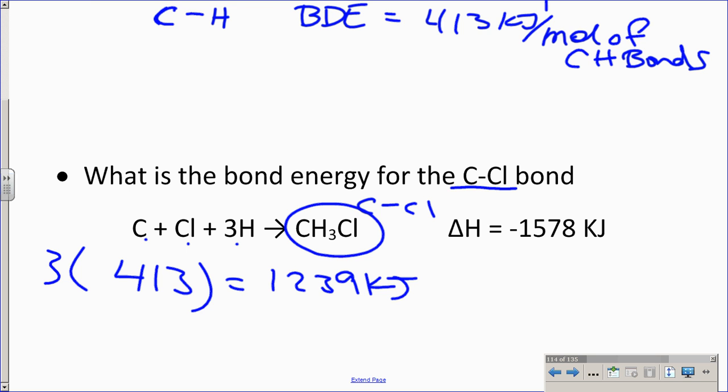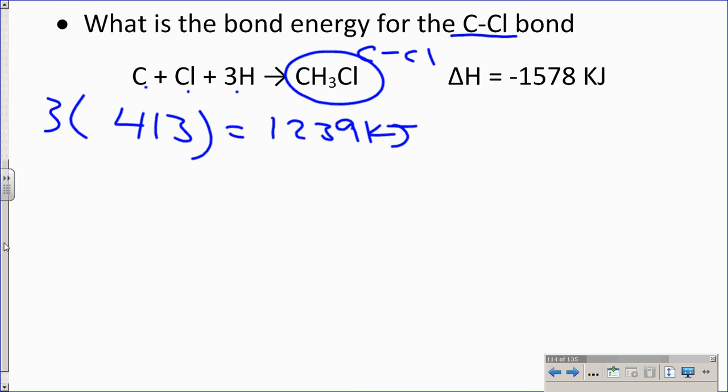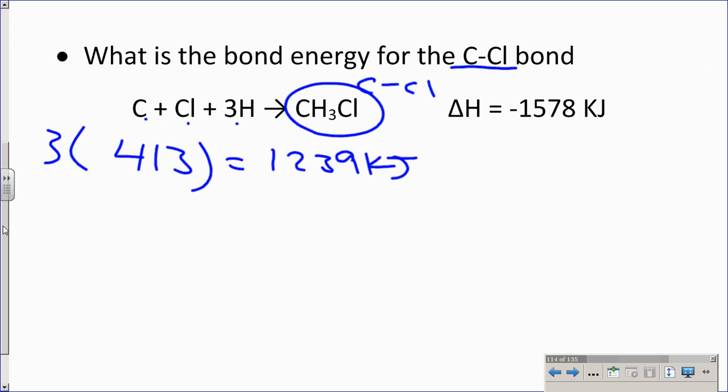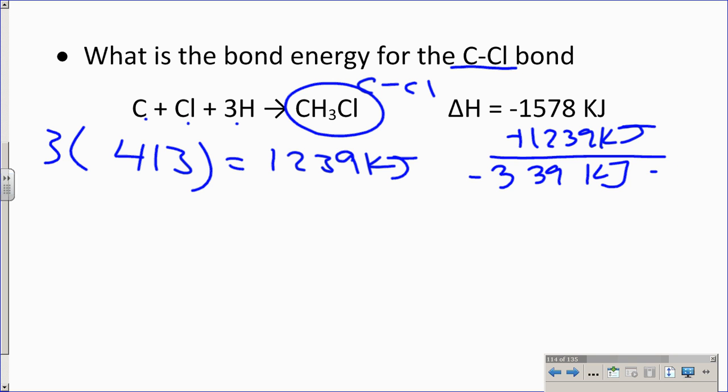And then add that to the negative 1578. So this is the energy being put into breaking CH bonds. I'm going to add it here like you said, but then you have to tell me how the charges work out. 1239 kilojoules. So what's remaining is negative 339 kilojoules, which is the CCl bond energy. Okay, so that negative version, though, is talking about the energy to do what to the CCl bond?